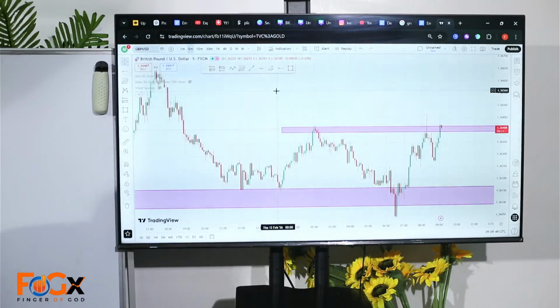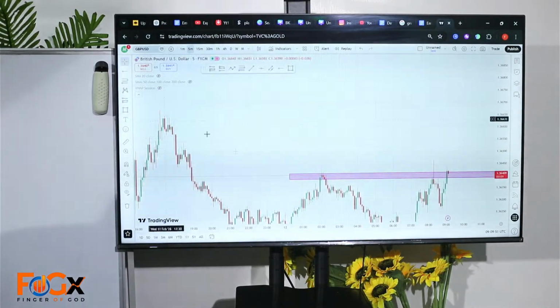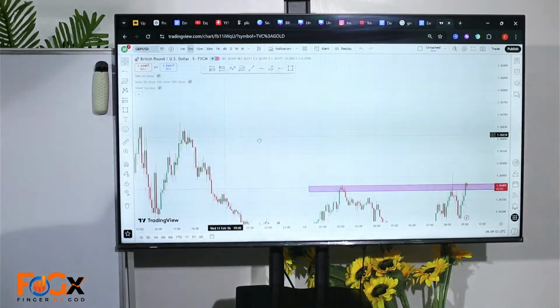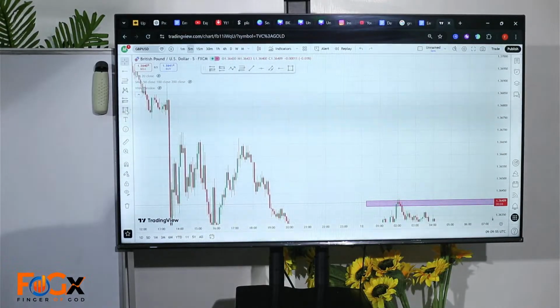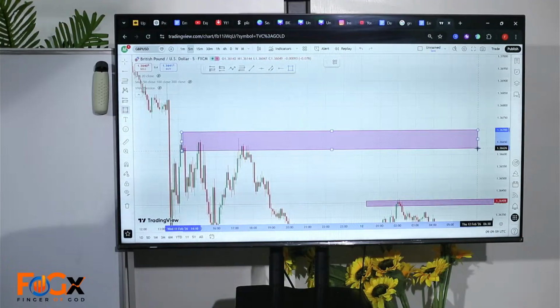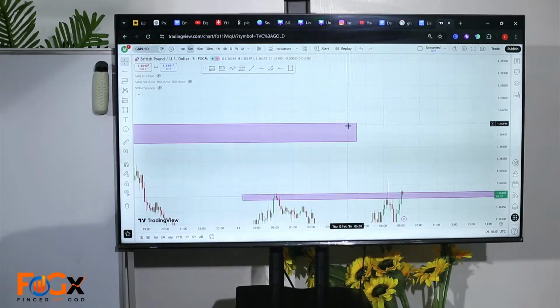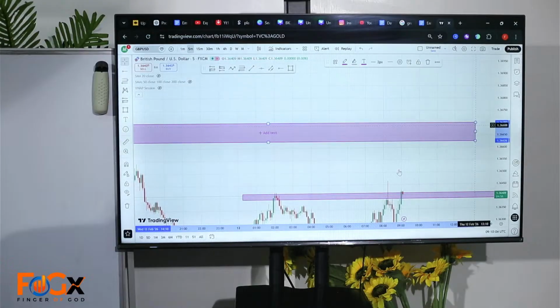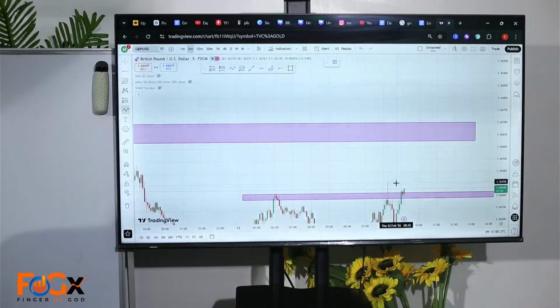Maybe after a long time, I might trade GBP USD today, because it's very close to what we want. So I wait for price to break fully here, come to retest it, and I take it down here.